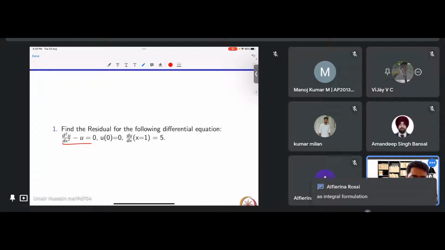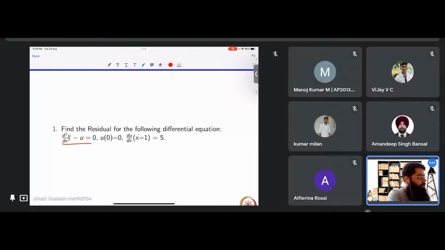As integral formulation. But to get the residual, the integral formulation is the thing we do after getting a residual, isn't it? You mean to say this one, right? Weight function times residual.